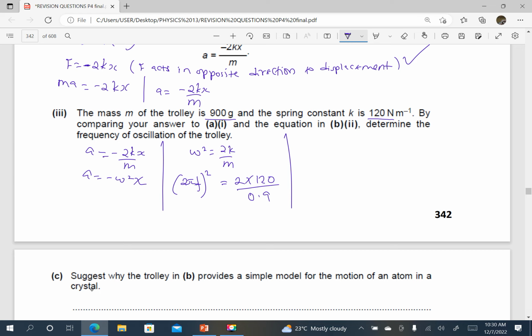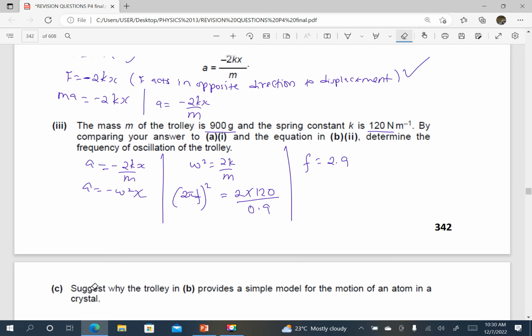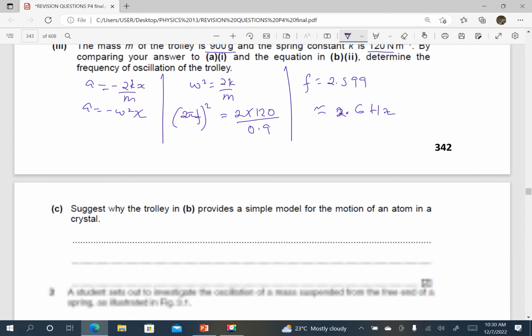And this gives me f as 2.599, approximately 2.6 hertz. That is the value for f, approximately 2.6 hertz.